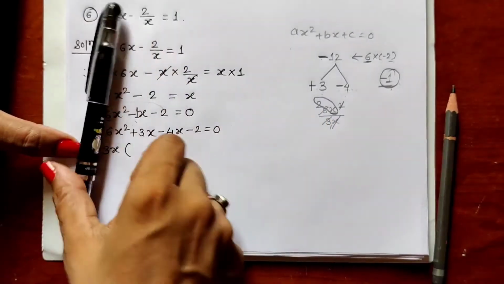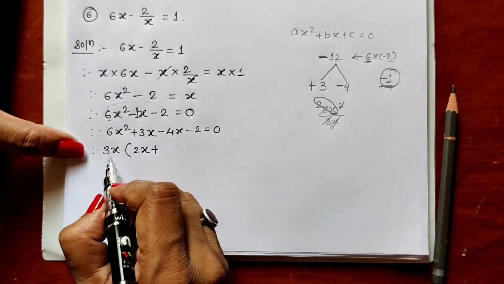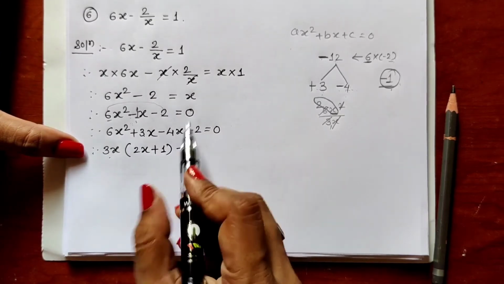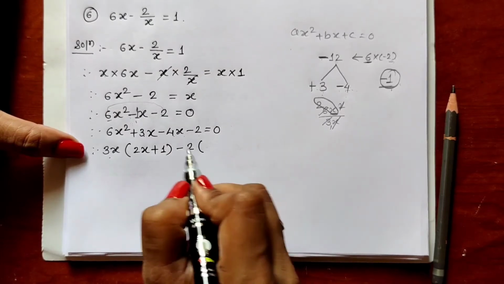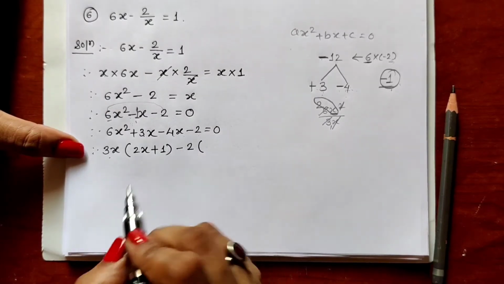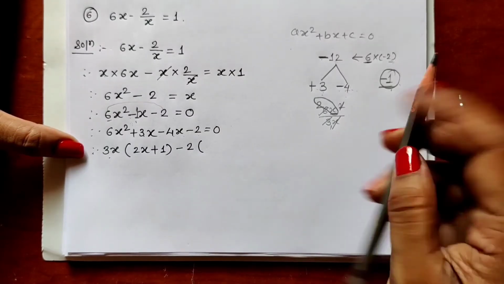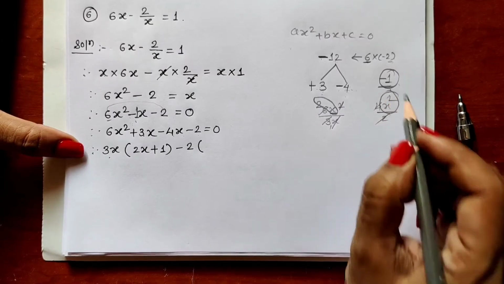This 2x we will have to write in the bracket, plus this complete 3x is taken out common from the second term, so 1 is remaining. Minus, from 4x and 2, what is common? 2 is common, 2 is the smaller number. 4 is divisible by 2, so 2 can be taken out common. 4x divided by 2, 2 2s are 4, so we get 2x.